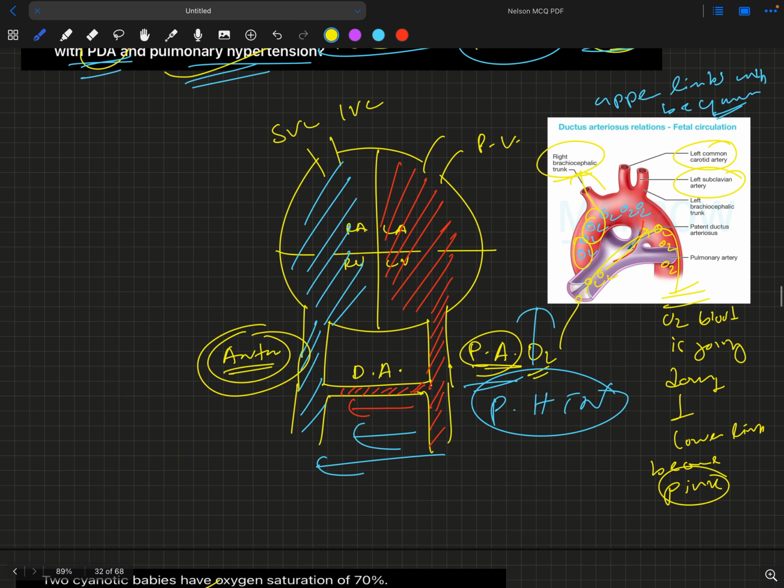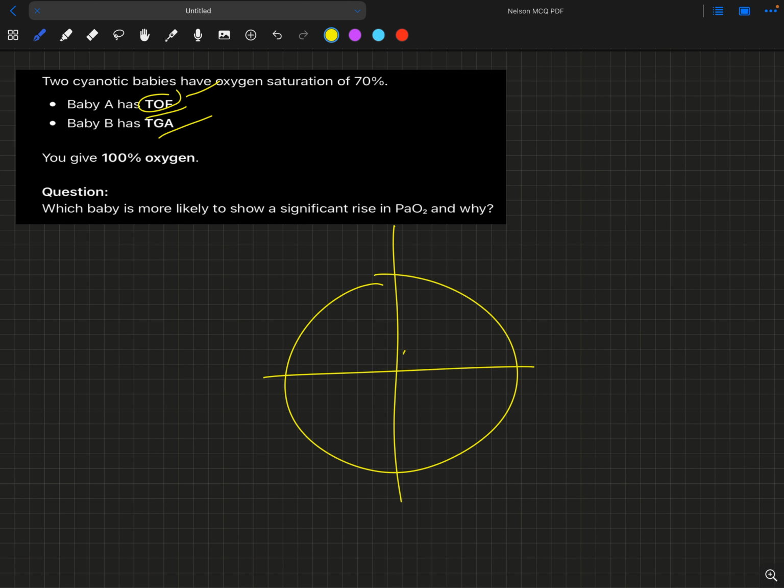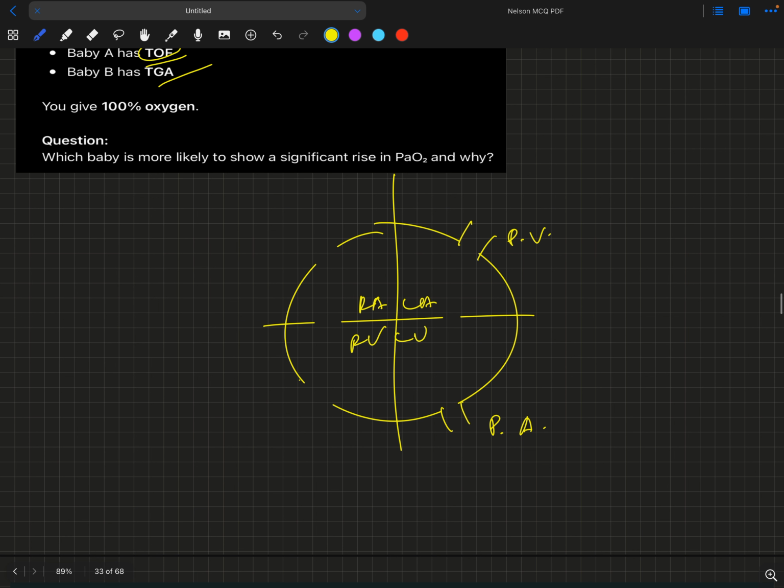If you give oxygen to the TGA baby, this is the left atrium, left ventricle, right atrium, right ventricle. Here are the pulmonary veins, pulmonary arteries, aorta, IVC, SVC. So this is our lungs now.